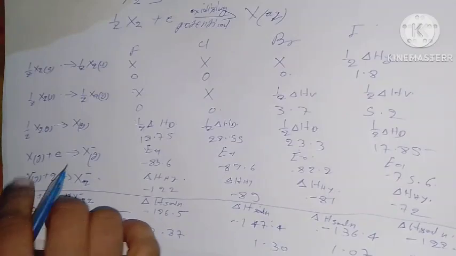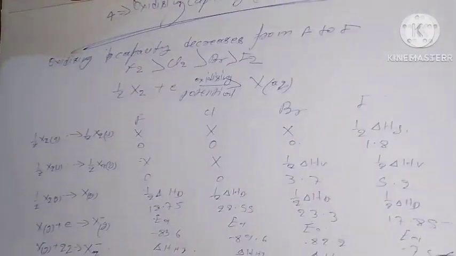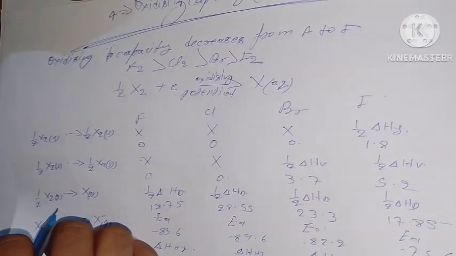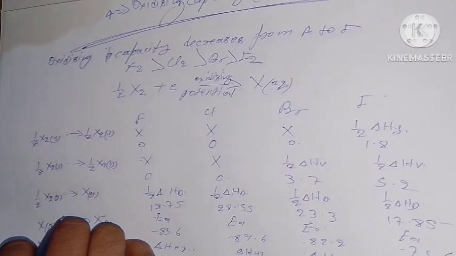The highest E naught of fluorine is due to high delta Hy of fluorine. The lowest value of E naught for I2 is due to delta HF, delta HD and low delta Hy.